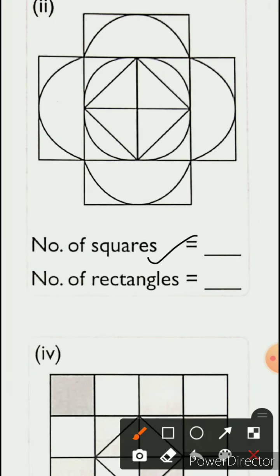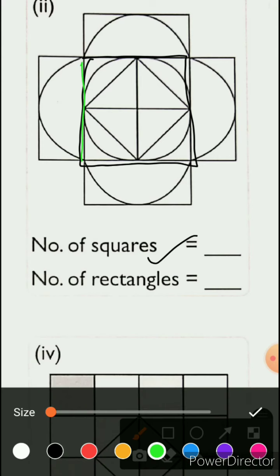Now check it for the next shape. First we have to count the number of squares. Okay, so here we have 1, 2, 3, 4, 5, 6.